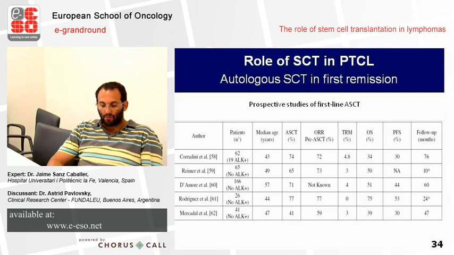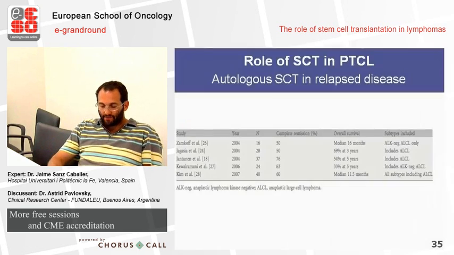After autologous transplant, the complete remission rates vary between 59 and 81%, and overall survival rates vary from 73% at 3 years to 39% at 4 years. Prognostic factors for better outcomes have included low prognostic index scores at transplant, LDH levels, and being able to achieve complete remission before transplant.